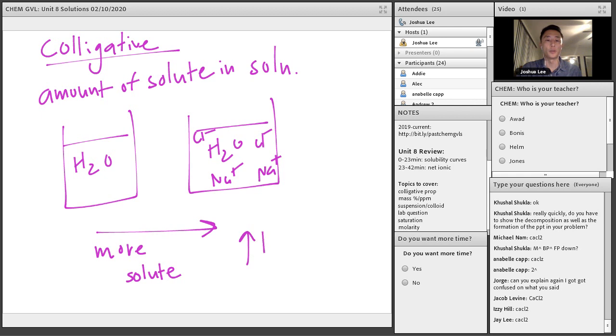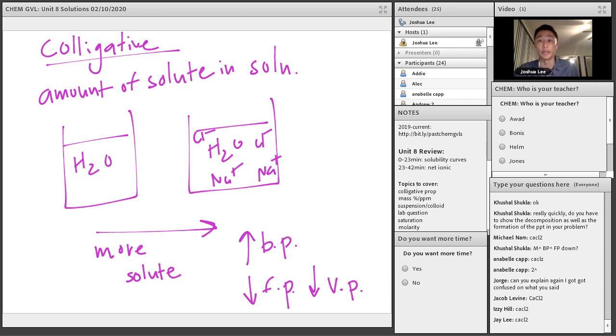As you add more solute, the boiling point will start to increase, freezing point starts to decrease, and vapor pressure starts to decrease as well. So the more salt you add to water, boiling point will get hotter, cold stuff gets colder, vapor pressure goes down as well.